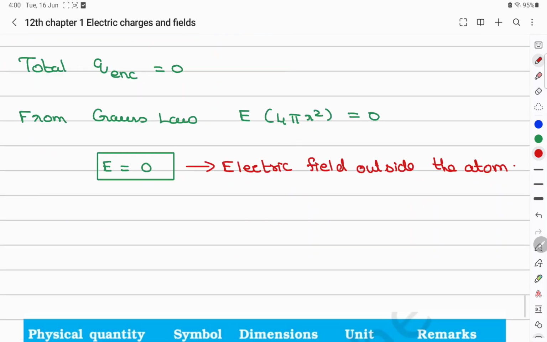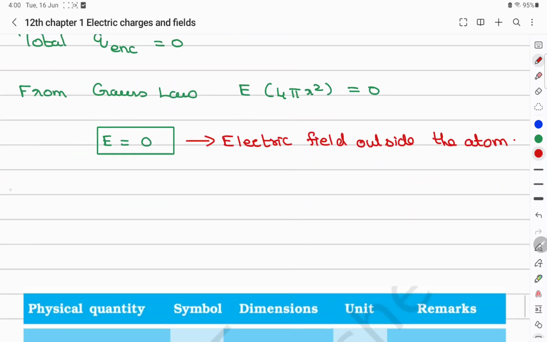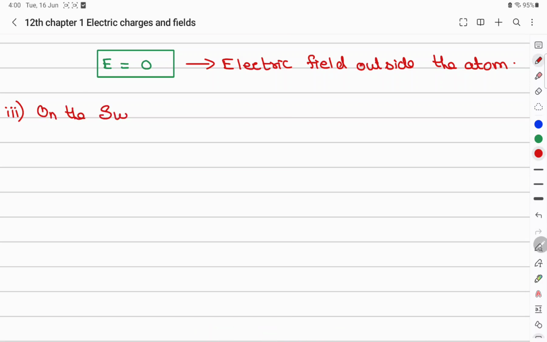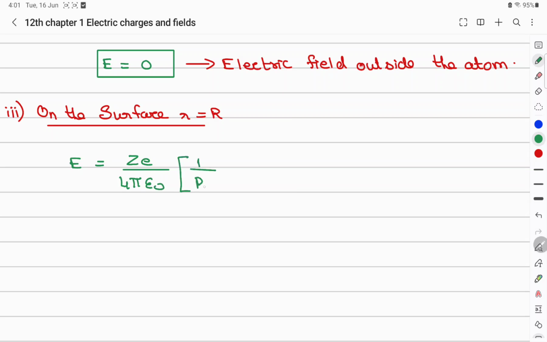And next, for on the surface. On the surface means r is equal to R. So for this, E is equal to Ze by 4 pi epsilon naught into 1 by R square minus R by R cube.